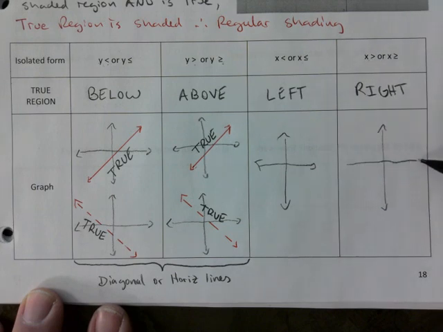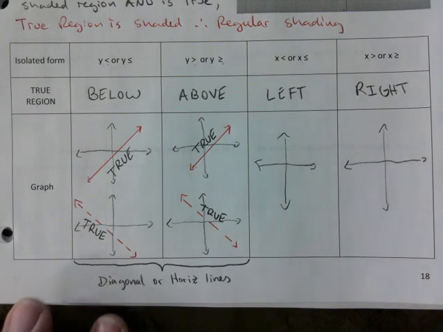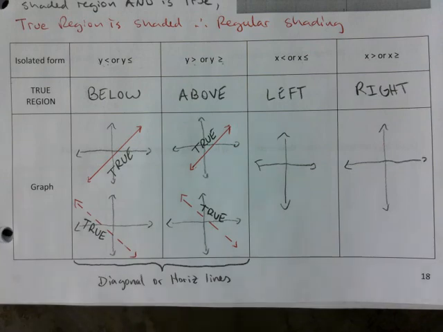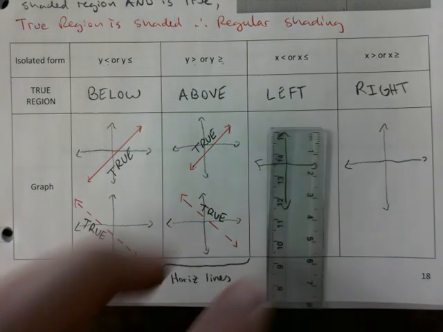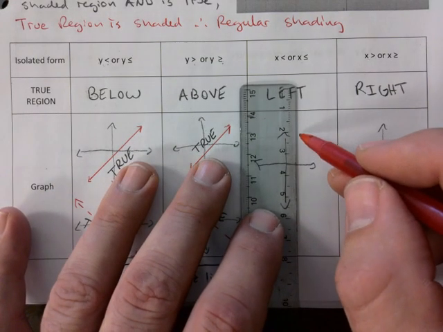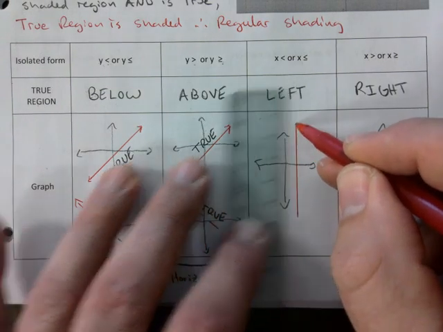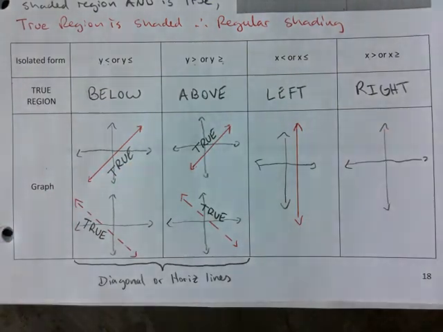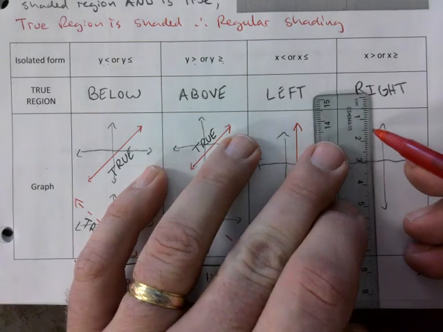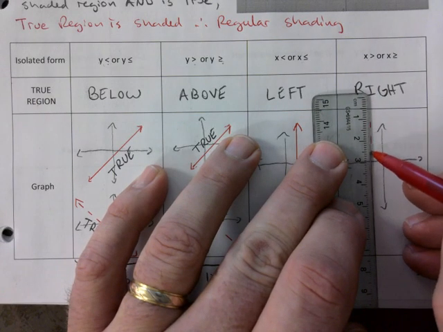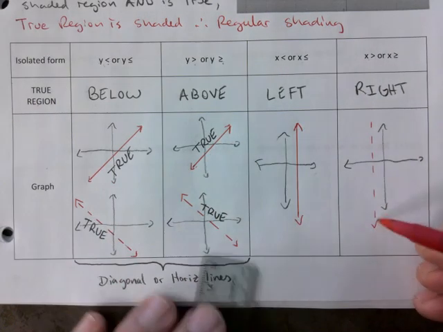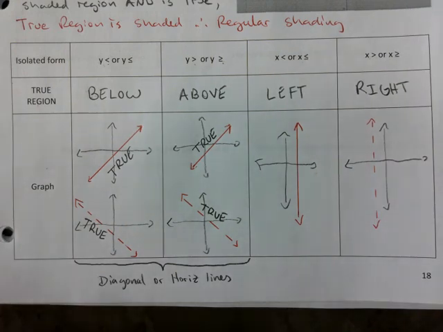So this is just a sketch, okay? No need to make this fancy. So your boundary line will be a vertical line. And I will make one dashed and one solid just so you're used to the fact that it will be different.